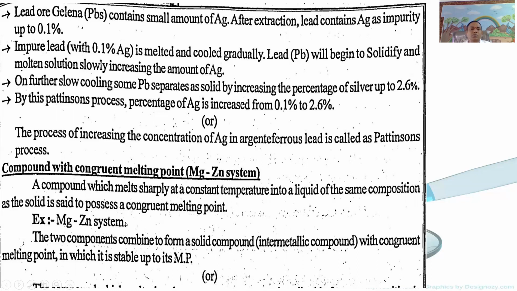Example, the magnesium zinc system. The two components combine to form a solid intermetallic compound with a congruent melting point, in which it is stable up to its melting point.